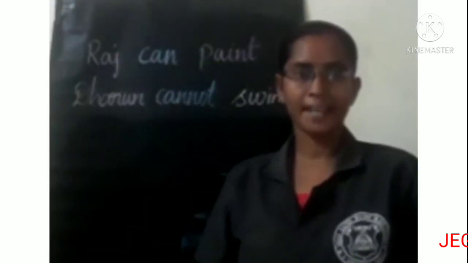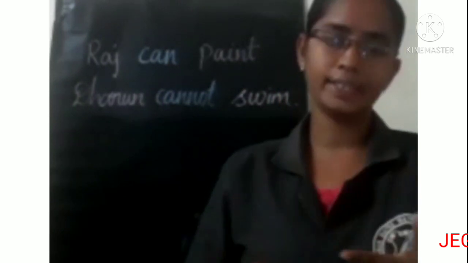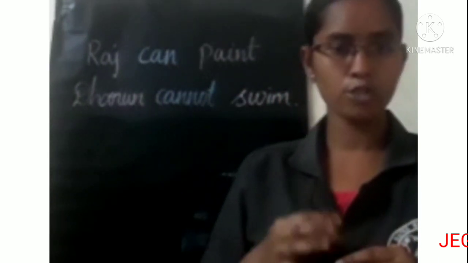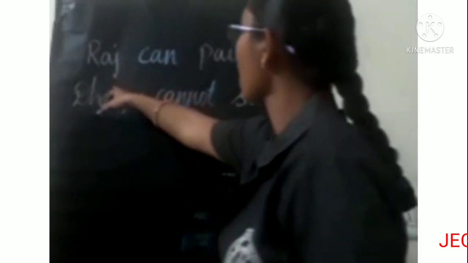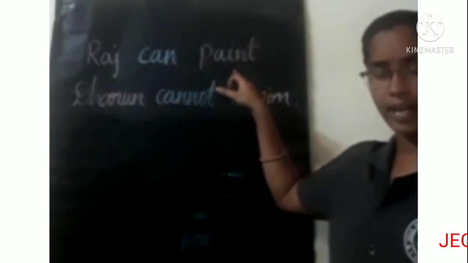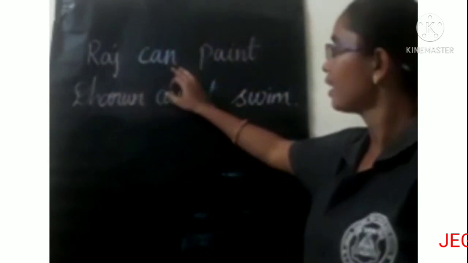Children, can is used to show someone's ability. Look at this: Raj can paint. So he can do it, it's ability.